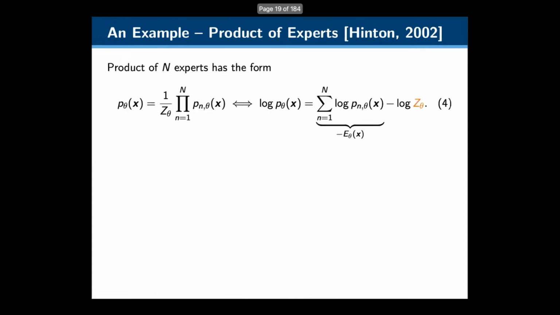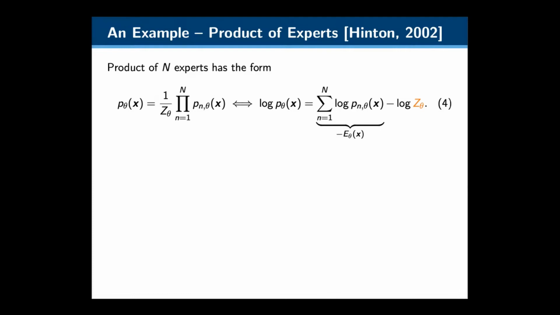Okay, cool. So arguably one of the first successful examples of training EBMs was by Hinton, where he talked about a particular class of EBM, which is the product of experts. A product of n experts has the following form. You take n tractable distributions, pick your favorite models, and then you product them together, and then you normalize them by z theta up front.